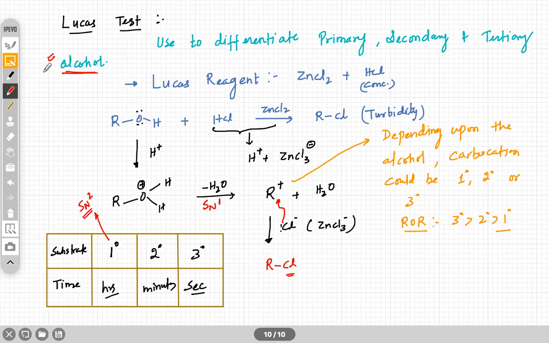Depending upon the alcohol, it can show the Sn1 or Sn2 mechanism. That's a very common understanding we have, that depending upon the molecule structure, whether it is 1 degree, 2 degree, or 3 degree, the mechanism of the reaction would vary.